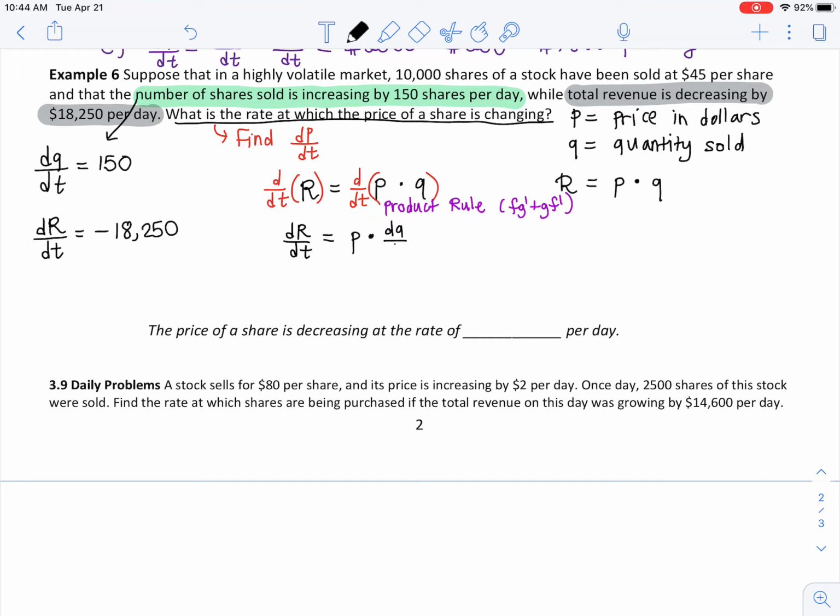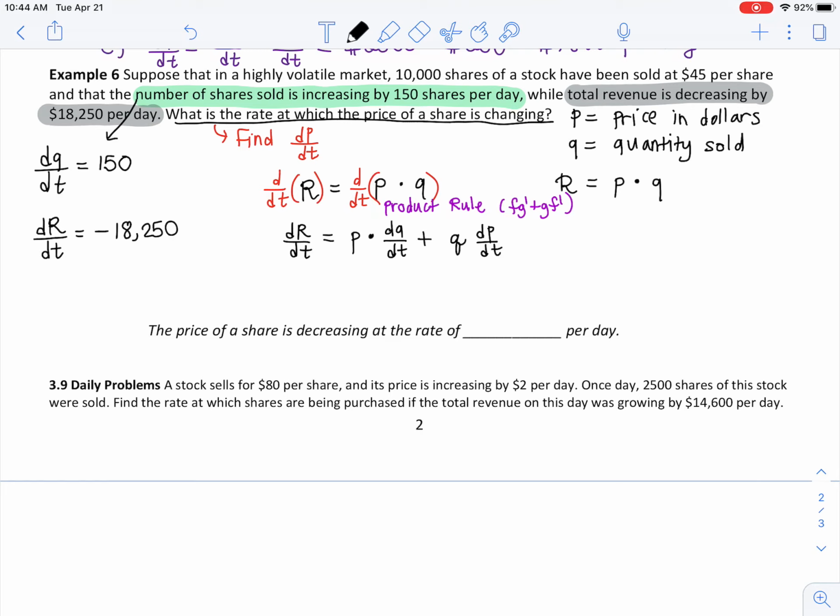First write down P, and then we're going to write the derivative of the second one, which is Q, and that is going to be dQ/dt, plus G, which is Q, and we're going to multiply this by the derivative of the first term, which was P. So that's going to be dP/dt.